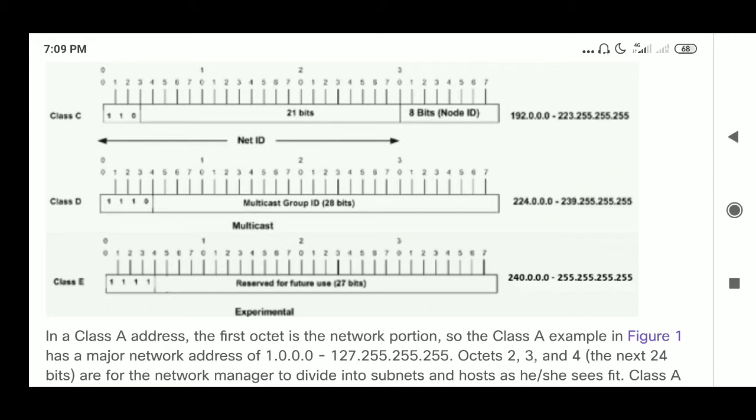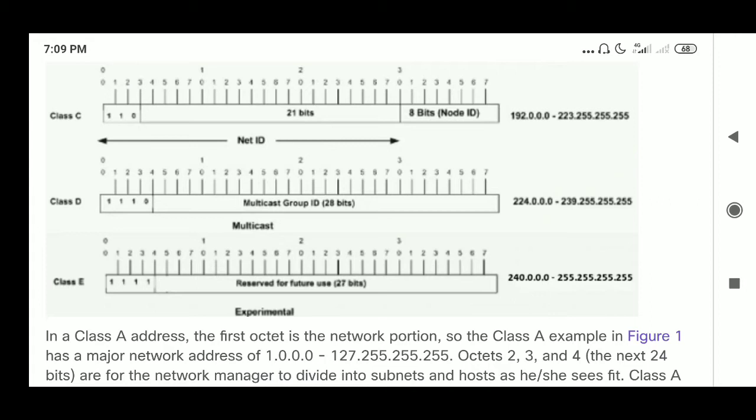That means 2 raised to 8 minus 2 host IP addresses can be allocated. That means 254 IP addresses can be allocated at most in the class C addressing scheme.